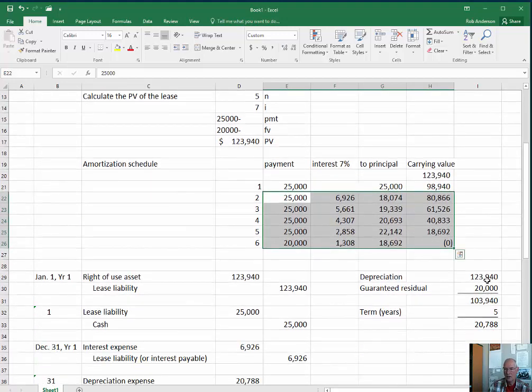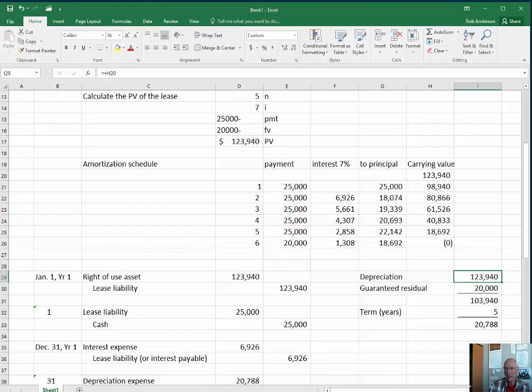So we're going to take our beginning lease amount, we're going to subtract our guaranteed residual, and this is the amount to depreciate. And of course, this is going to be over a 5-year term. So $20,788 per year is our straight line depreciation amount.